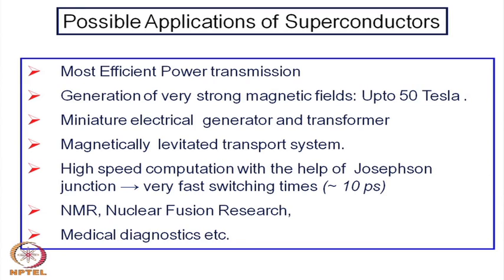NMR, nuclear magnetic resonance, and nuclear fusion research. Nuclear fusion research is very well connected to high magnetic fields. Very high magnetic fields are required for nuclear fusion research, where the plasma has to be contained within a container, and that is only possible by applying a very high order of magnetic field.